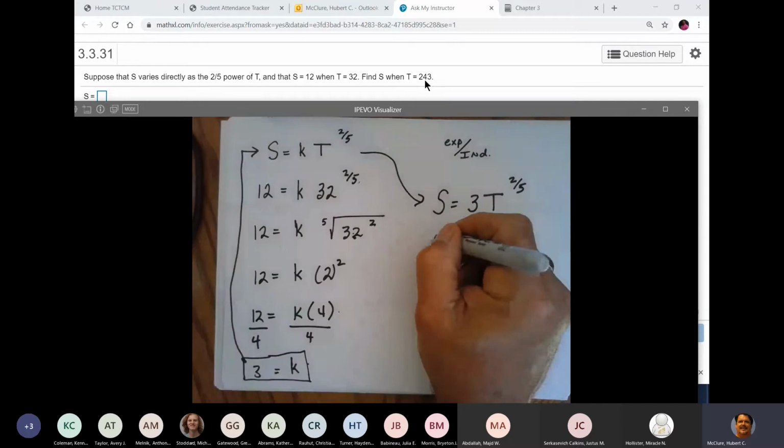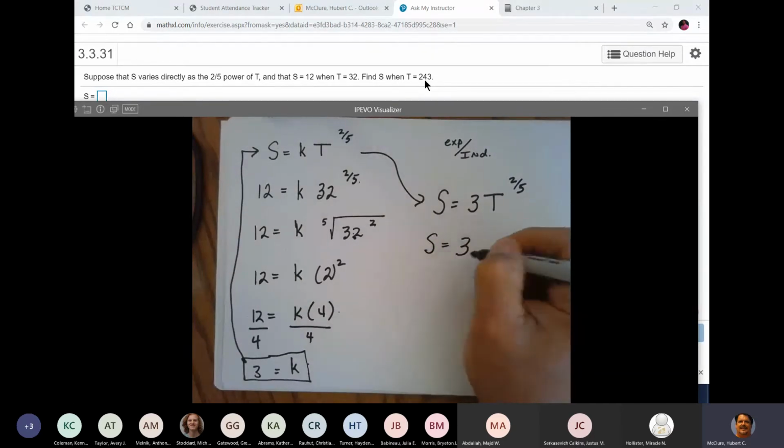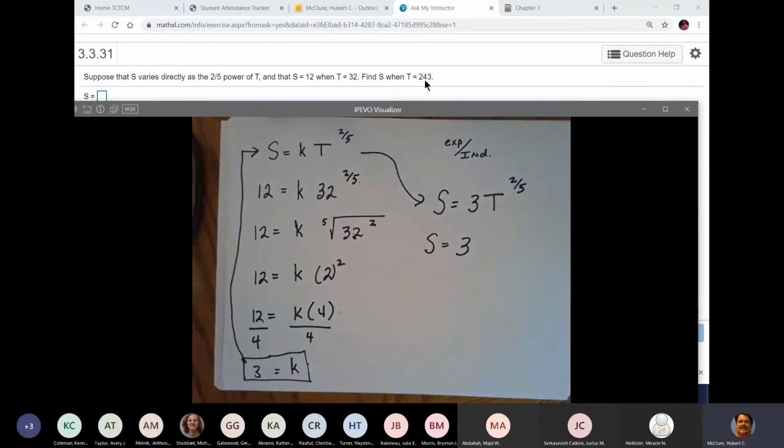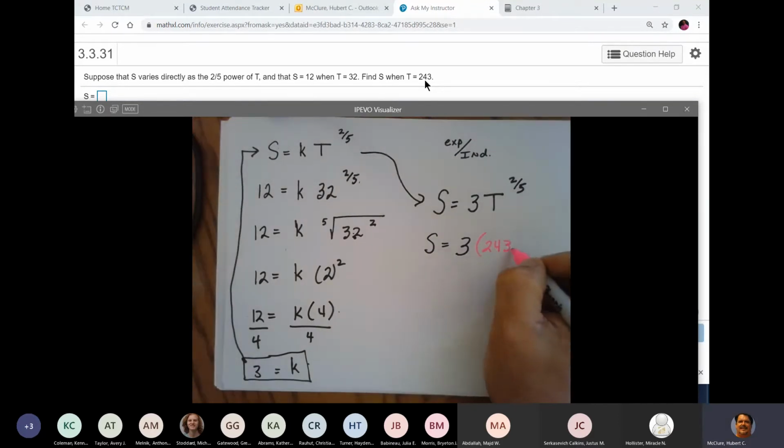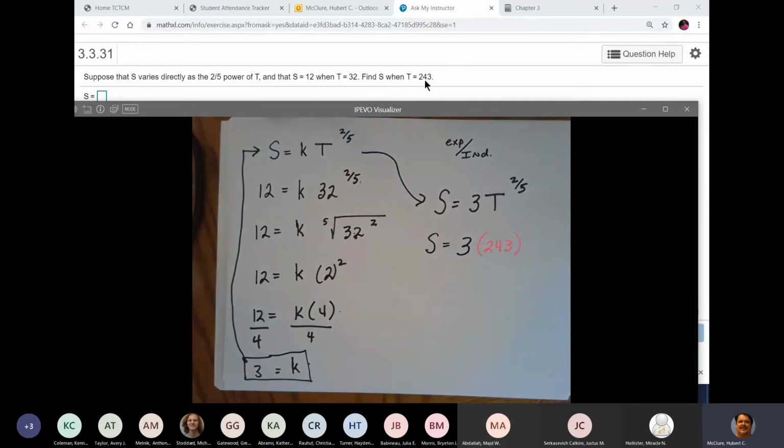So S is equal to 3 times 243 raised to the 2/5 power.